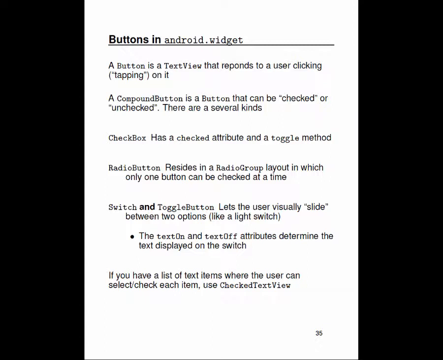You can choose the word that is displayed when the switch is on and when the switch is off. And then they also have a convenience class called checked text view that lets you display a bunch of options and select if each one is on or off. So neat stuff to play with there.